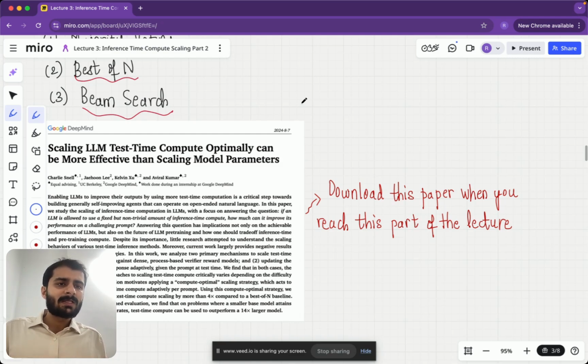In the next lecture, we will start with some items such as tree of thought reasoning and Monte Carlo search. We will look at both these techniques very briefly, and then we will start with the next method of building reasoning models, which is learning about reinforcement learning, and we'll start learning RL from the complete basics.